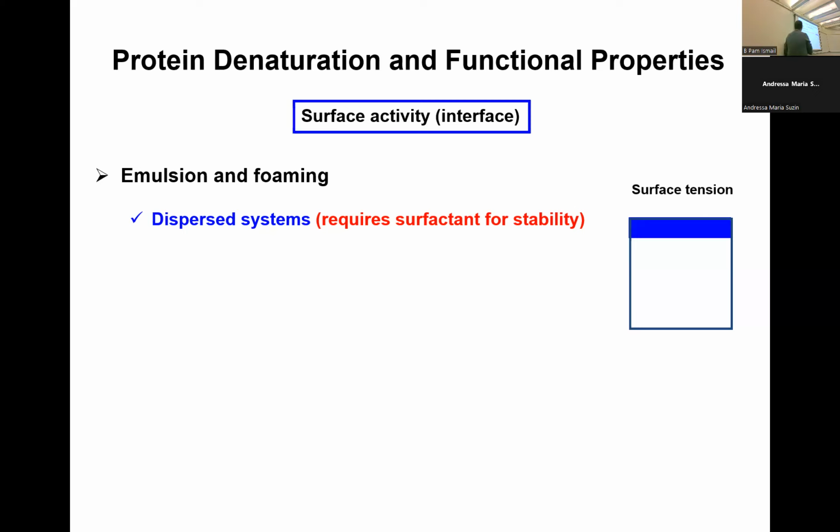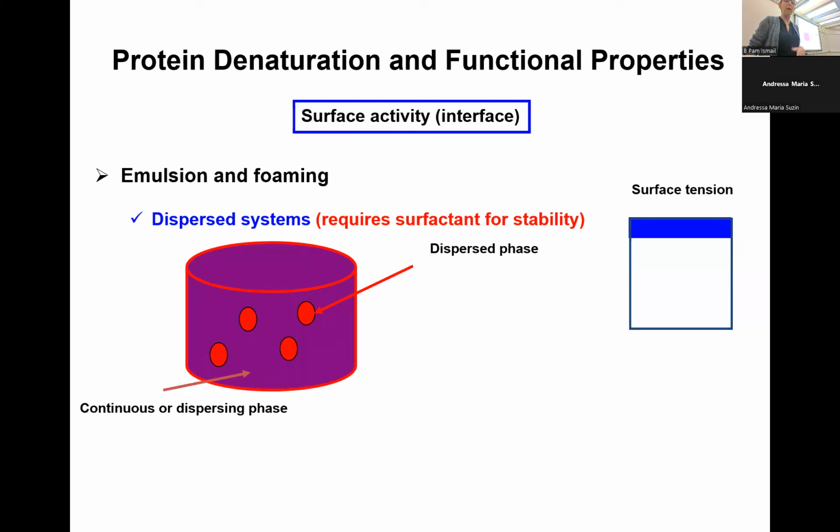When we have an aqueous and oil phase, obviously they are different in density, so there is high surface tension and they would separate. In order to have them in a stable form mixed together as one phase, we need a surfactant or an emulsifying or a foaming agent if it's air and aqueous.